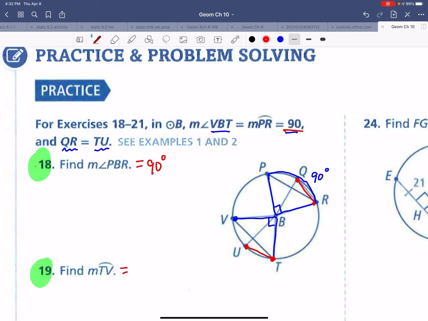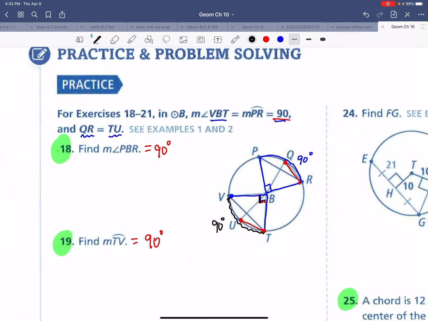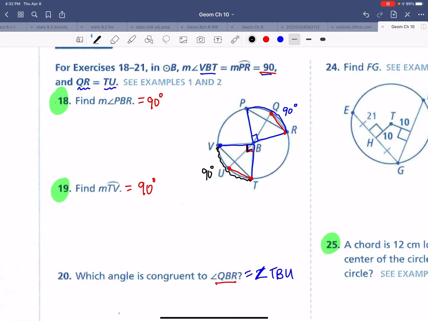What's the measure of TV? Okay. This arc, we could say, is 90 degrees, right? And that's 90 degrees of arc because the central angle is 90. Which angle is congruent to, oh, it looks like I already wrote that in, to QBR.